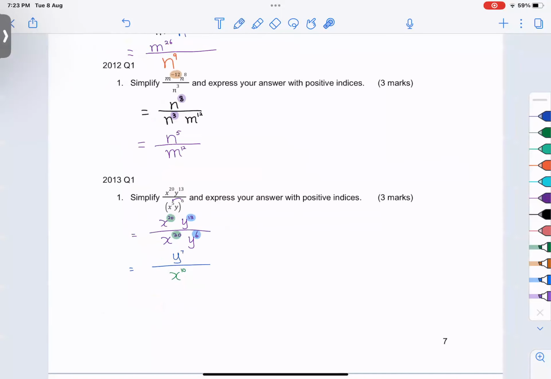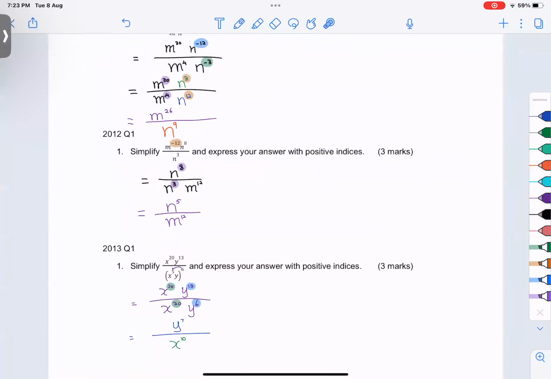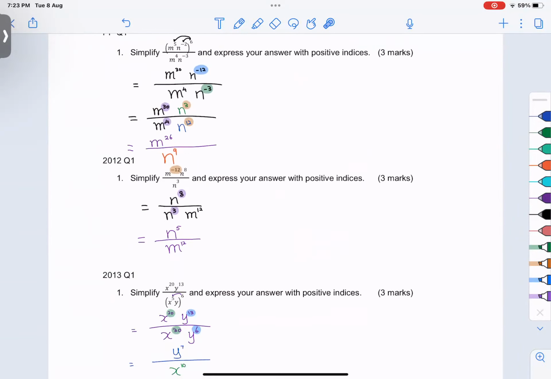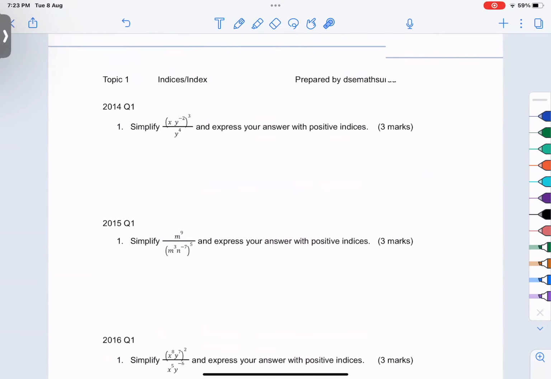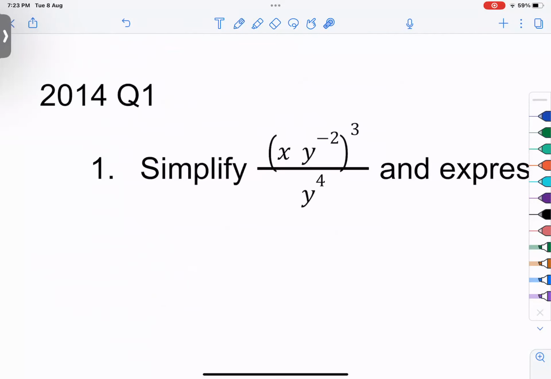Okay with the first page, right? Long questions. Yes. Okay. That's good. Used 4 minutes only. So there's a power outside, give to everything inside.